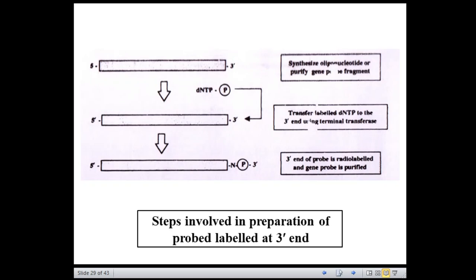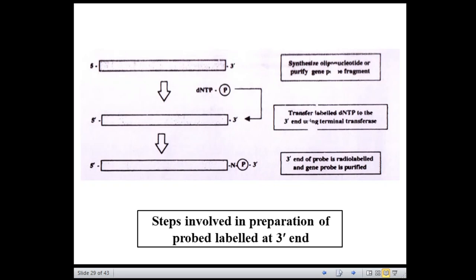A newly labeled deoxyribonucleoside triphosphate, that is dNTP, is labeled using a P32 dATP or even a fluorescent probe. Now this is added to the 3' end of the DNA using an enzyme, that is terminal transferase.